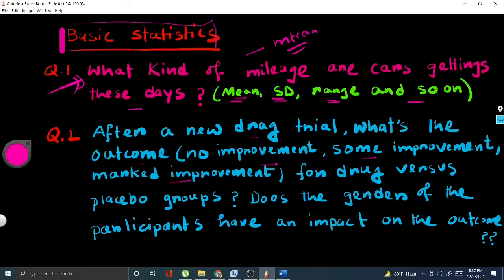We would like to know whether the drug test that we applied to one of the groups has some outcome. We categorize the outcome under no improvement, some improvement, marked improvement, versus the group that doesn't have that kind of treatment or drug trial.